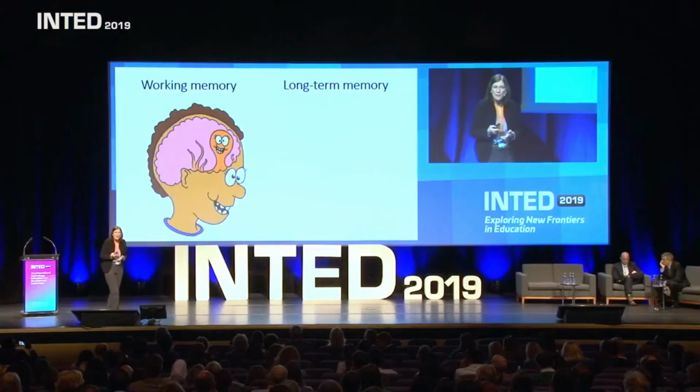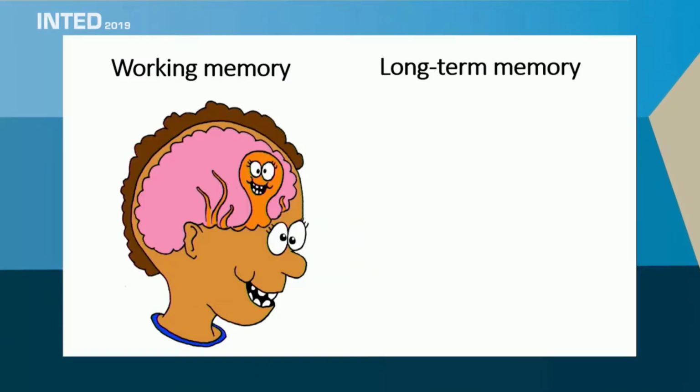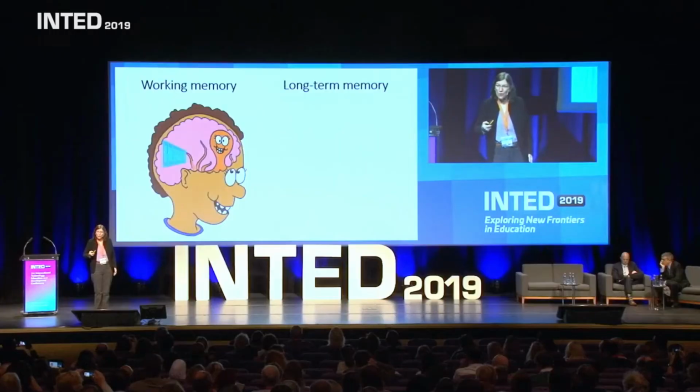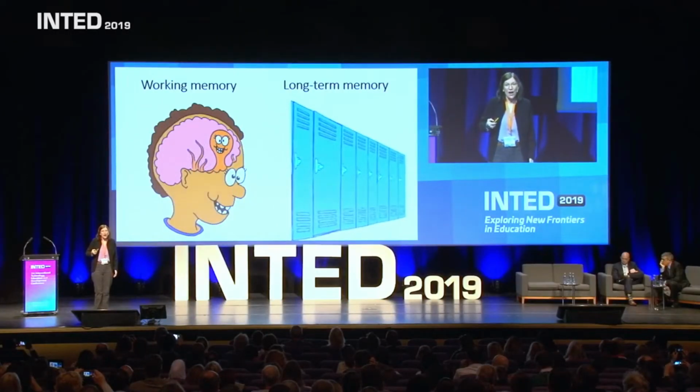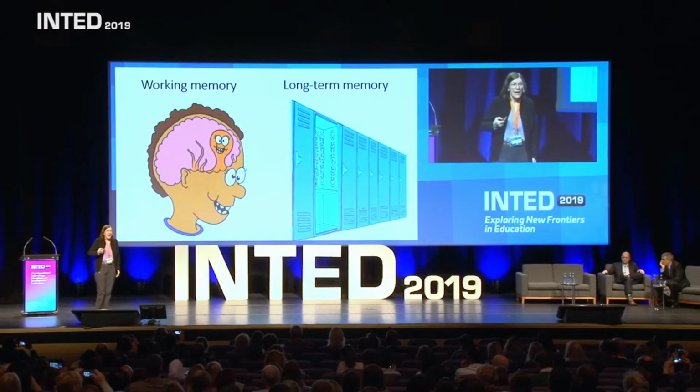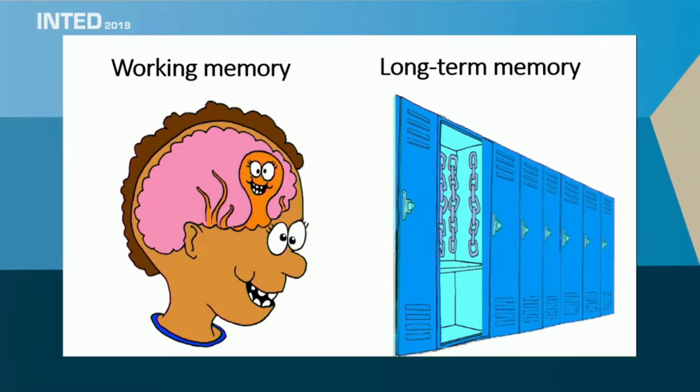There's our working memory with the octopus and its four arms. Whereas long-term memory is more scattered throughout your brain. But for our purposes, we're going to imagine that it's in this locker, or set of lockers, and within those lockers are a set of neural links. And you've created those neural links by practicing and learning this material.